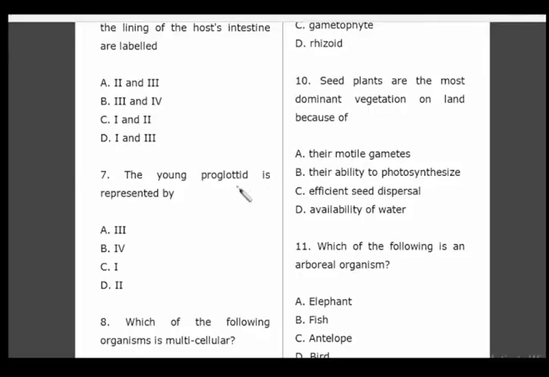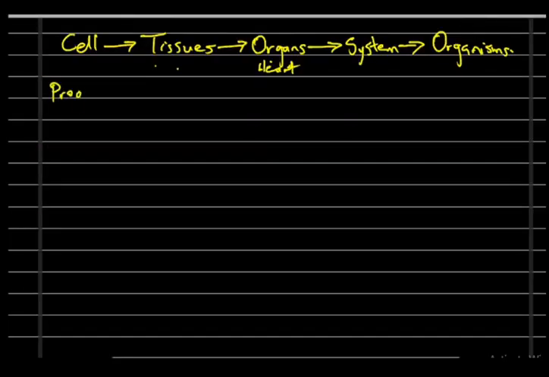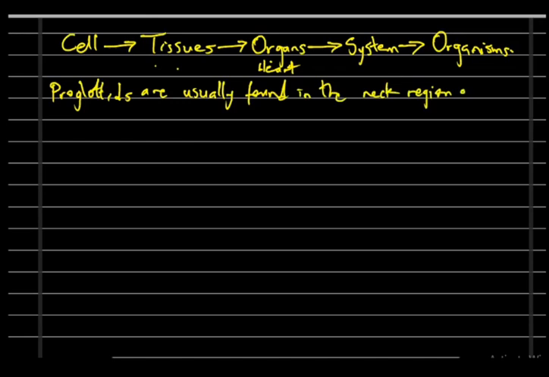Then question 7 now. The young proglottid is represented by Roman numeral 3, Roman numeral 4, Roman numeral 1, or Roman numeral 2. So what is a proglottid? That is the first thing we need to understand. Proglottids are usually found in the neck region of the worms.